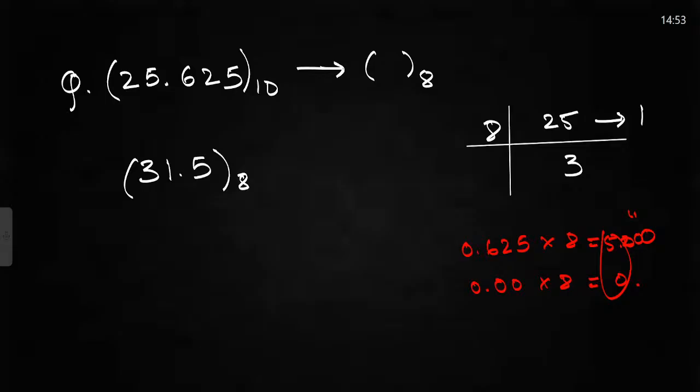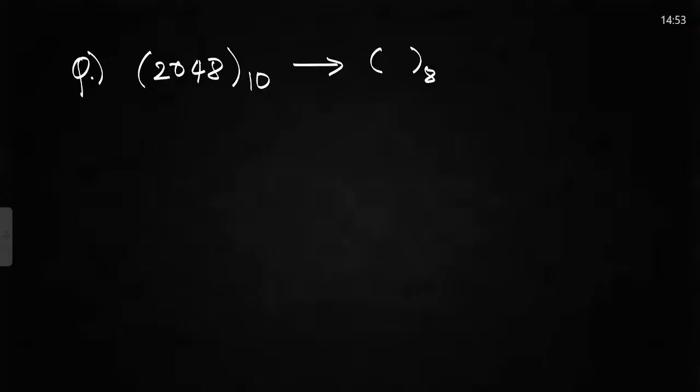Similarly, let us find for another number. We will practice for another number. 2048 base 10. That will provide some octal number. Now we need to find the octal number for 2048.